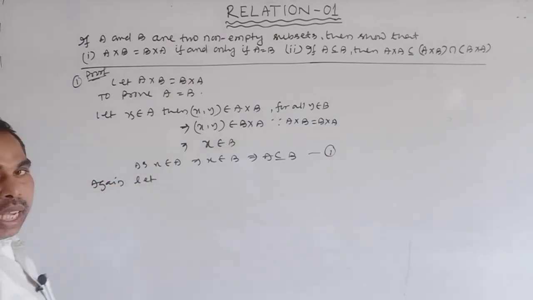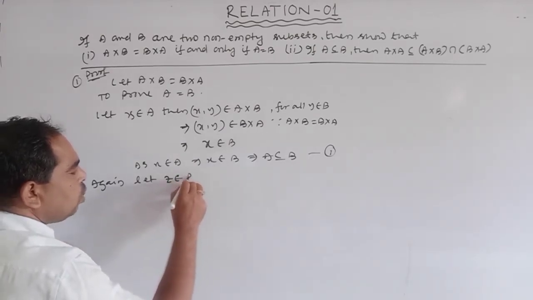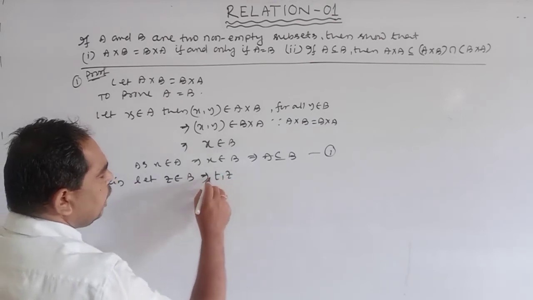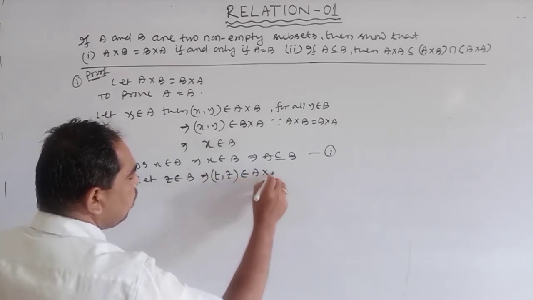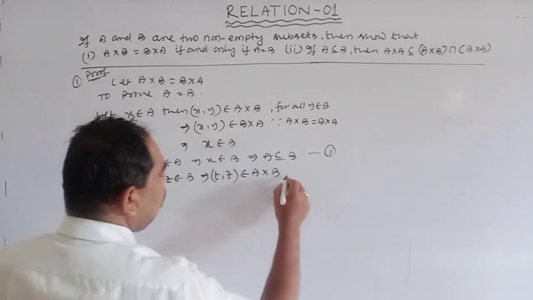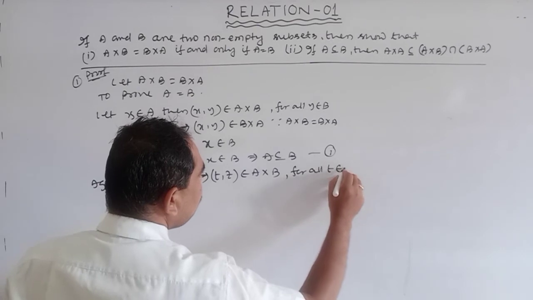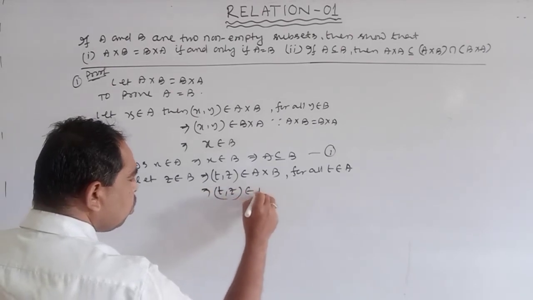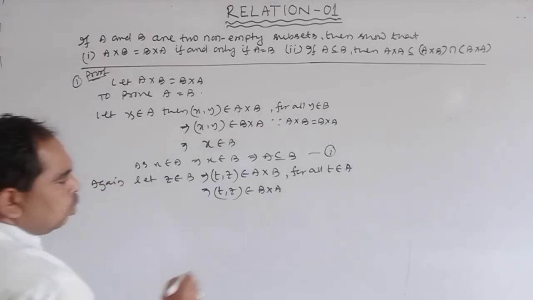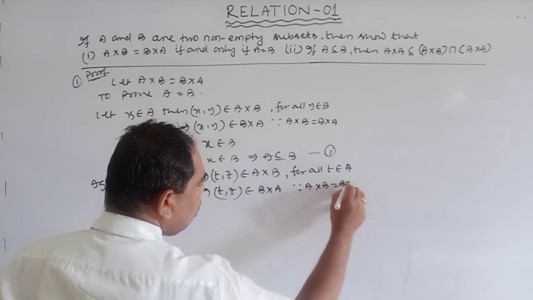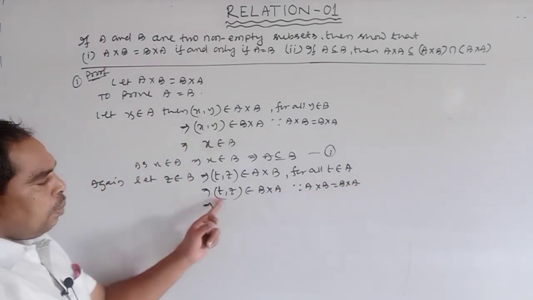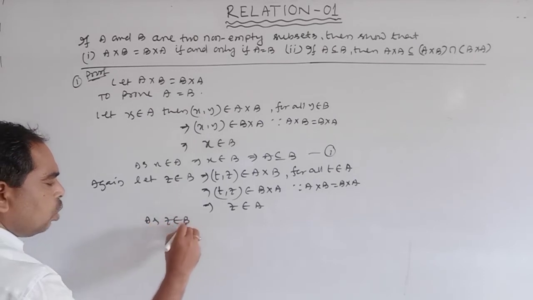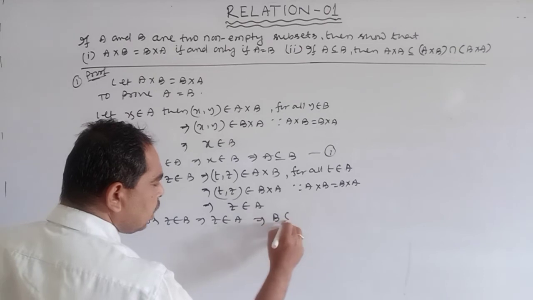Again, let Z belongs to B. So this implies T comma Z belongs to A into B for all T belongs to A. So this implies T comma Z belongs to B into A also, because A into B is equal to B into A. So T comma Z belongs to B into A means Z belongs to A. As Z belongs to B implies Z belongs to A, this implies B is a subset of A. This is equation 2.